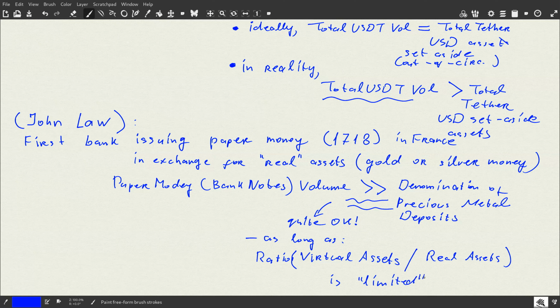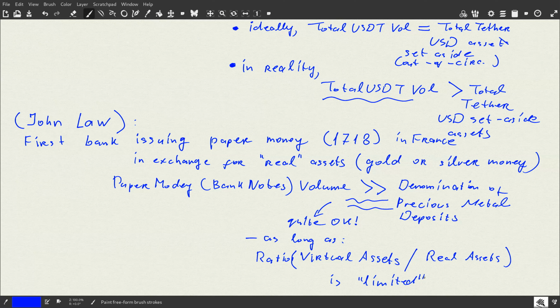What does it mean, limited? I really don't know. So, for example, if you create USDTs at probably twice as large volume as the amount of USDs you have received, this is probably okay. If you created 10 times more USDTs than the amount of USDs you received, it's probably still okay.